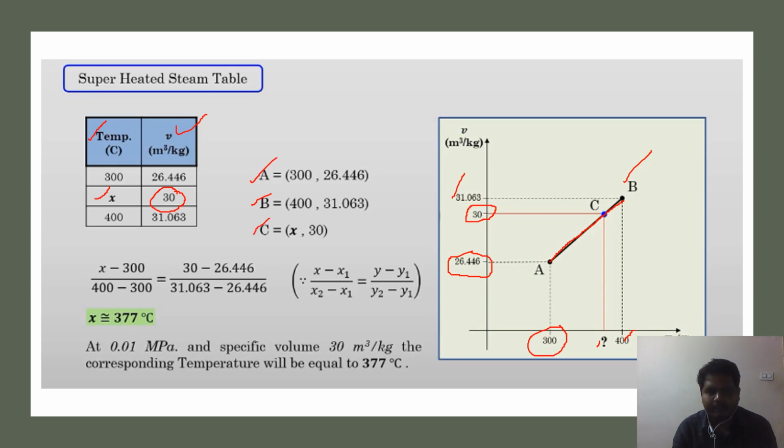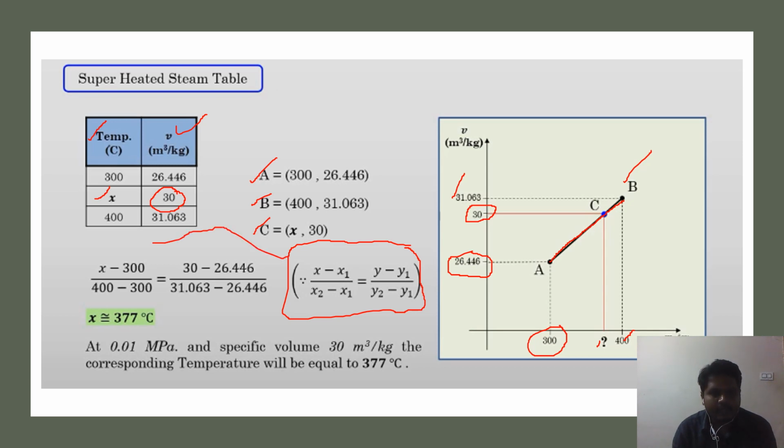At point C, the coordinates are x, 30, because we don't know the value of x, which we have to find out. From this chart, mathematically we can write: x minus x1 divided by x2 minus x1 equals y minus y1 divided by y2 minus y1. We already studied this at school level, and the same equation is used here.